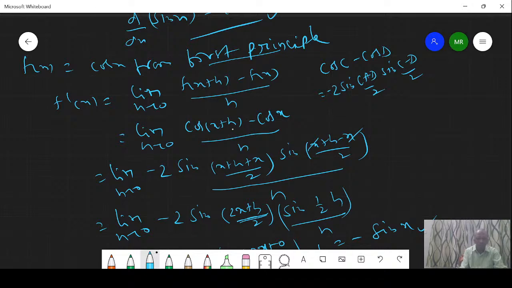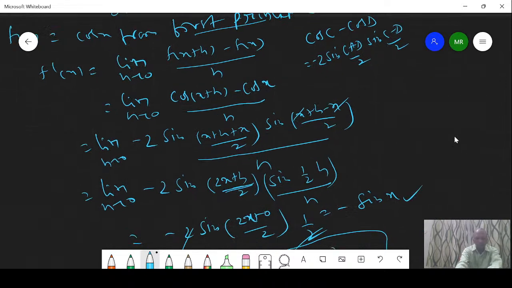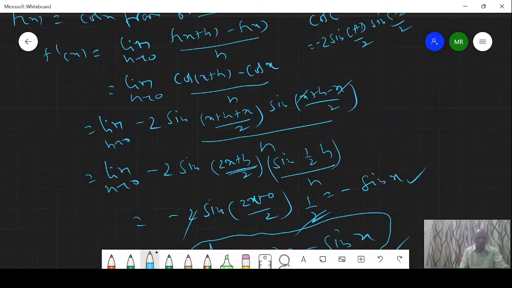Follow the same thing, then simplify like this. Then apply the limit (2x+0)/2. If you apply the limit for this, it will be 1 by 2. We get minus sin x. So the derivative of cos x is minus sin x.